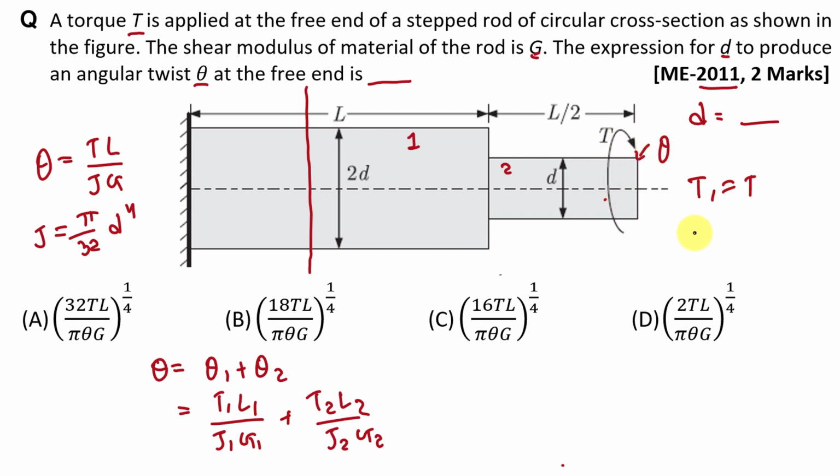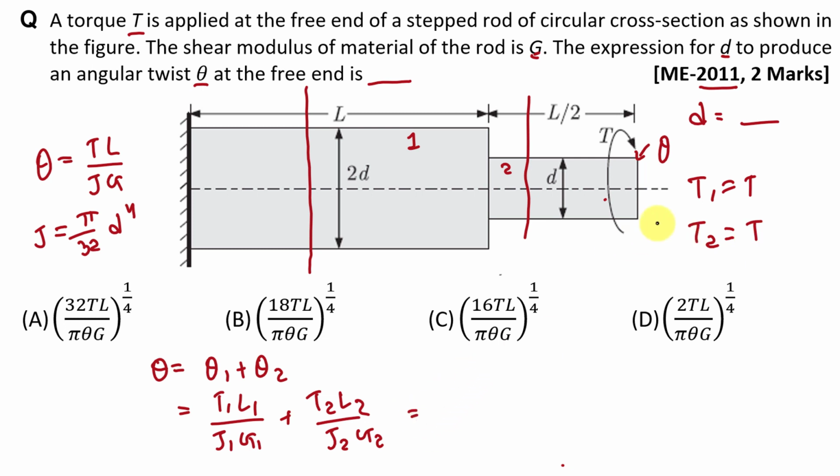Fine. Now if we want to find T2, then we will take one section in part 2 and take the summation of all the twisting moments on either side of this section, and here we will also take the right side twisting moment. So T2 is also equal to T.